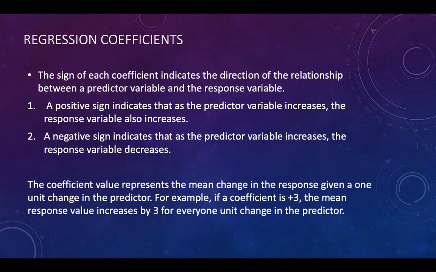The coefficient value represents the mean change in the response given a 1 unit change in the predictor. For example, if the coefficient is plus 3, the mean response value increases by 3 for every 1 unit change of the predictor. So if we change the value of x like 1, 2, 3, 4, 5, as the coefficient is plus 3, the output value will obviously increase, depending upon our input values, because the sign is positive.